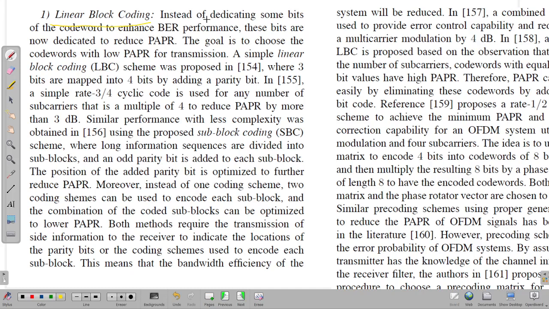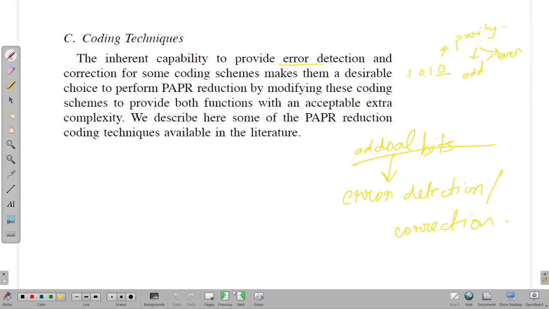Linear block coding. You can read this portion in the PDF that I have shared, but I will tell you the idea. In linear block coding, you have a generator matrix, and you multiply a data sequence with the generator matrix and get a code word as output. The data will have k bits.